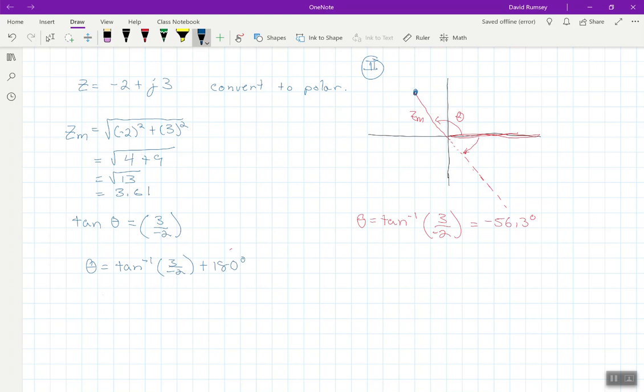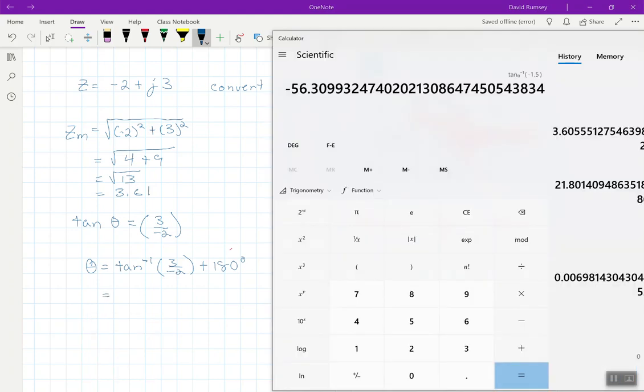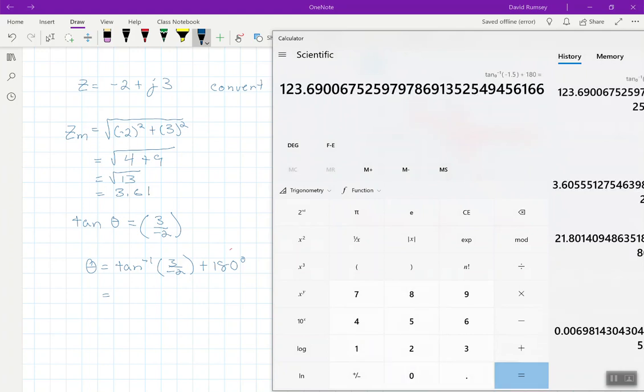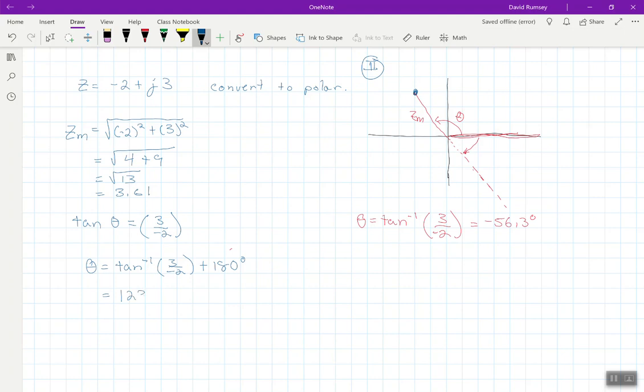And that will get me here, because I have plus 180, I get 123.7 degrees as my angle. Now that makes more sense as this angle here. So my final answer here is z sub m is 3.61 at an angle of 123.7 degrees.